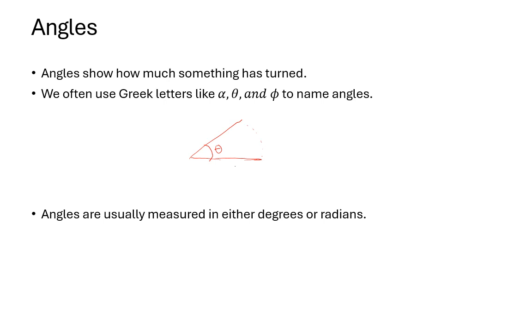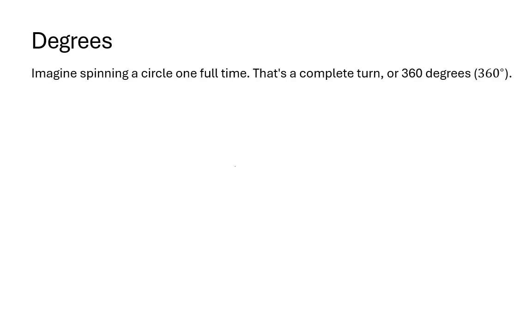So let's start with degrees. Imagine spanning a circle one full time, then that is a complete turn. That's what we call a complete turn or 360 degrees. So maybe you start from this point, then you rotate back up to here.